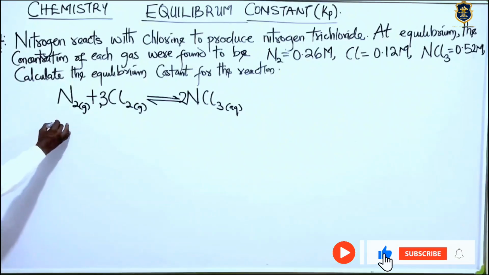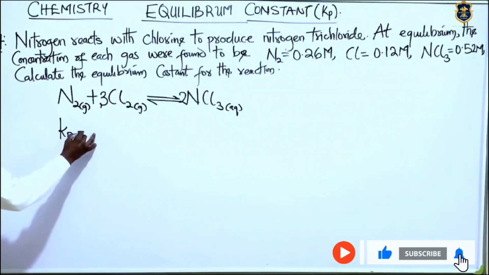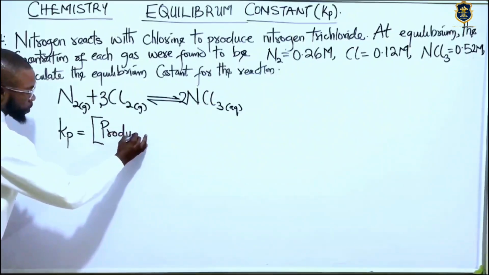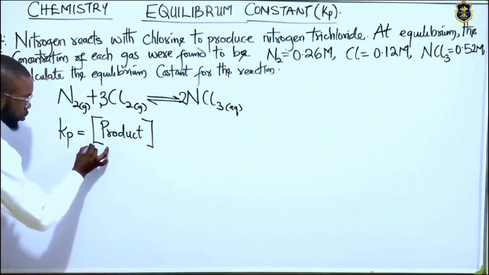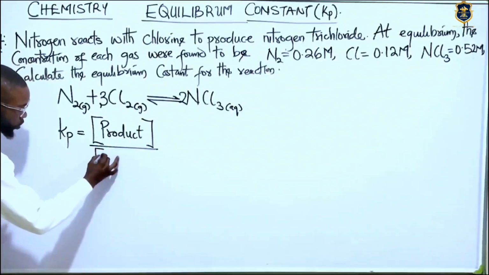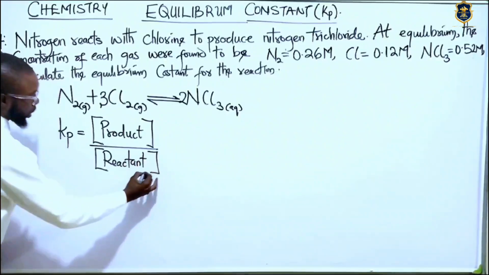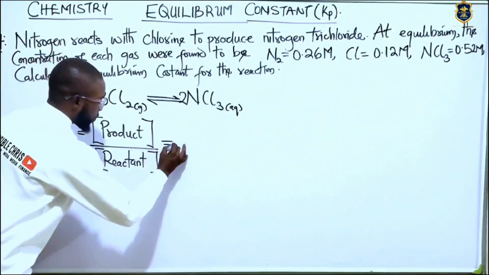We know that our equilibrium constant, our Kp, becomes the concentration of product over the concentration of reactant.